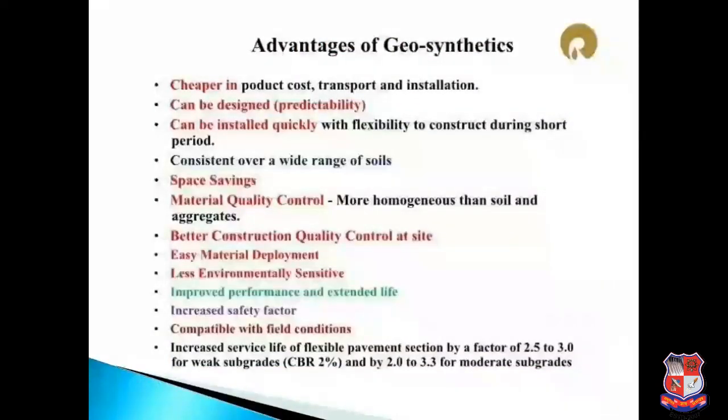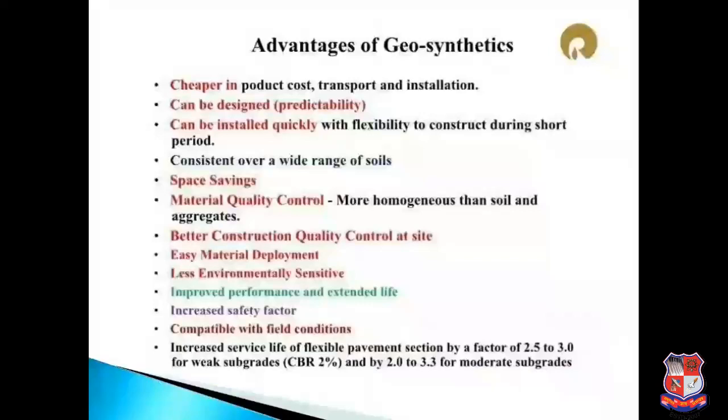So, advantages of geosynthetics: cheaper in product cost, transport and installation, can be designed predictably according to requirement. You can design it, can be installed quickly with the flexibility to construct during a short period.